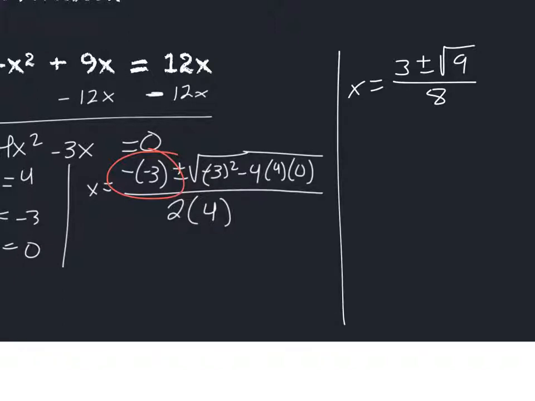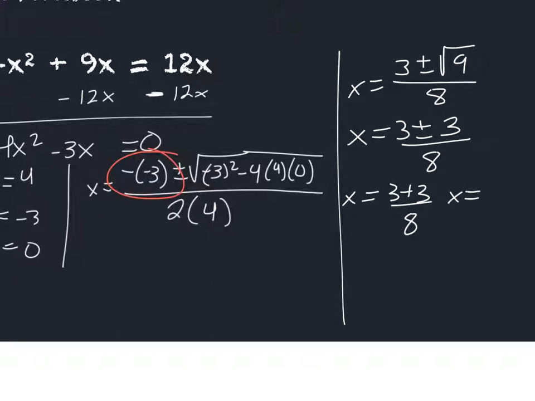All right. Now from here, you would go ahead and take the square root of 9. So it would be x equals 3 plus or minus 3 over 8. And then you would go ahead and split it up. So one of these is going to be x equals 3 plus 3 over 8. And one of these is going to be x equals 3 minus 3 over 8.